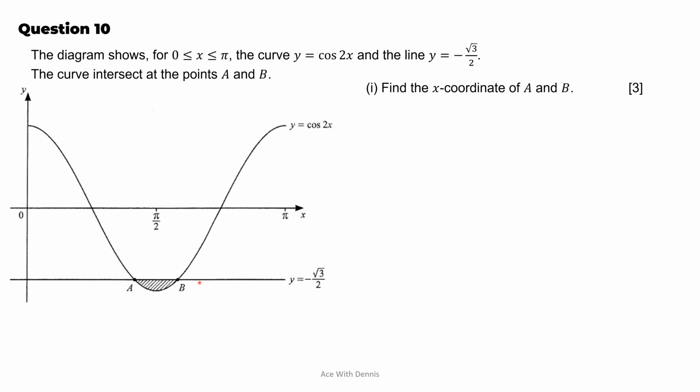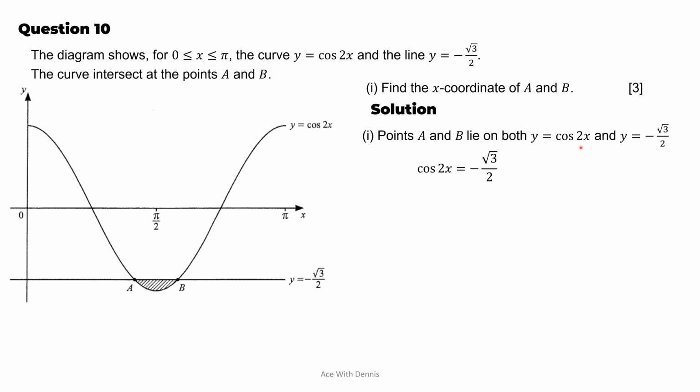We can see that points A and B lie on both y equals cosine 2x and y equals -3/2. So we can equate these two equations, which gives cosine 2x equals -3/2. Now we can solve this equation. Firstly, we find the basic angle, which is pi/6.